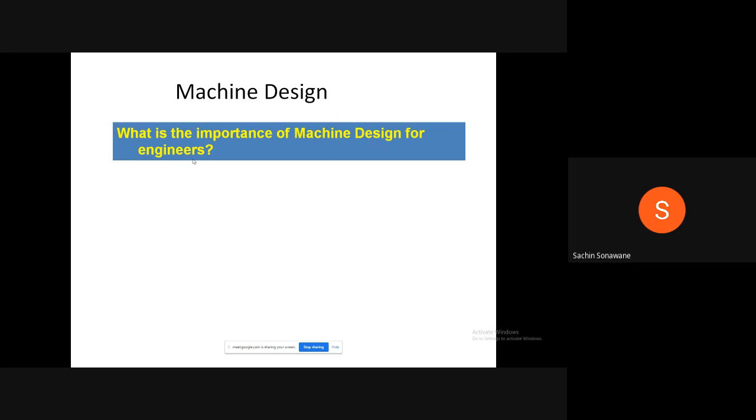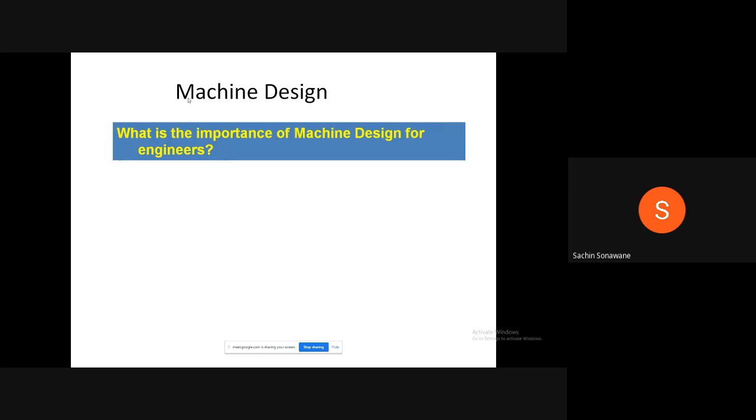Now, before starting this importance of machine design for engineers, I will tell you the definition of machine. Already you have studied the definition of machine in second year in theory of machines or kinematics of machine subject. What is the definition of machine?